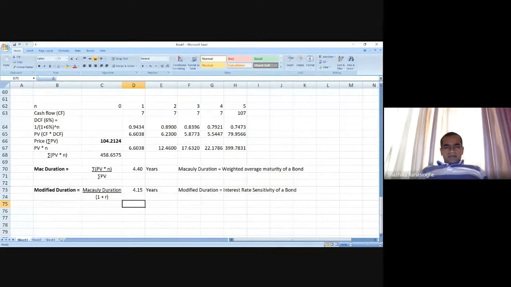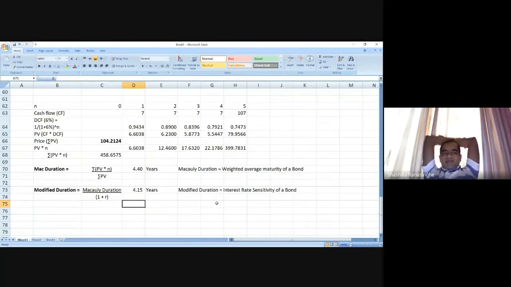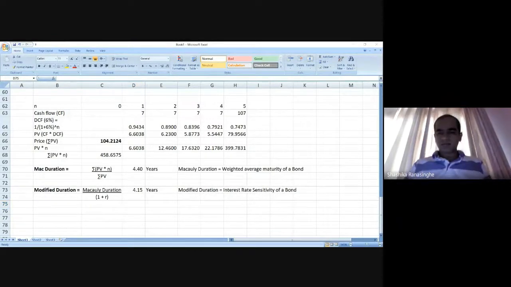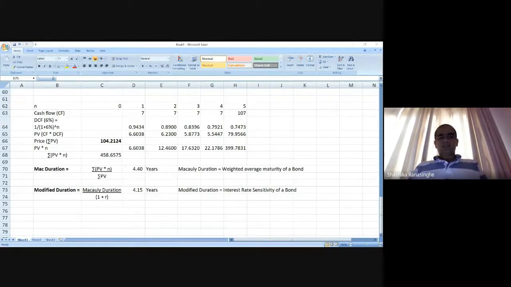Okay, guys. Let me ask you the same question. What is the maturity of a zero coupon bond which has the same interest rate sensitivity? Yes, you're quite right. 4.4 years.